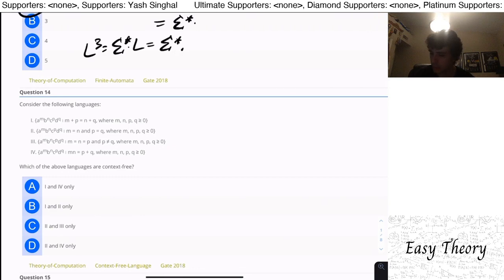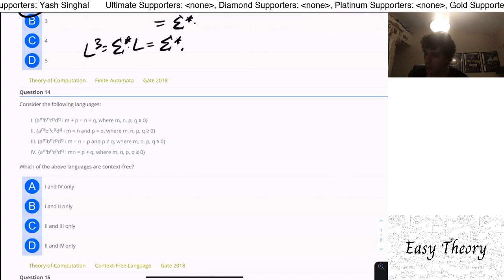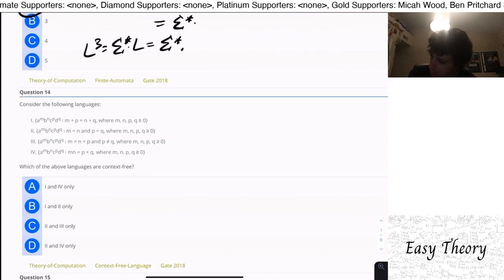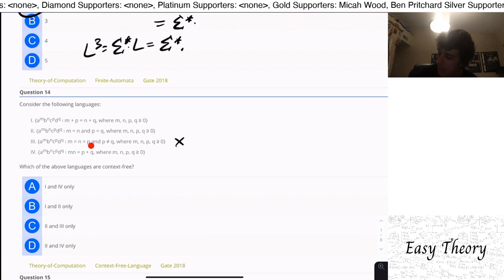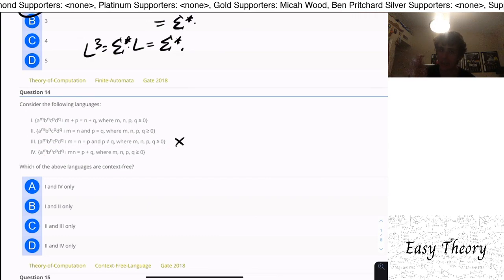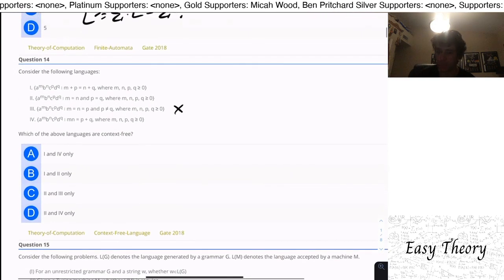Okay, oh, this one looks kind of complicated. So let's see. Which of the following languages are context-free? Well, I think I can see that 3 is not, because m equals n equals p, that's not going to fly, because you can't have 3 counts in a row that are the same.